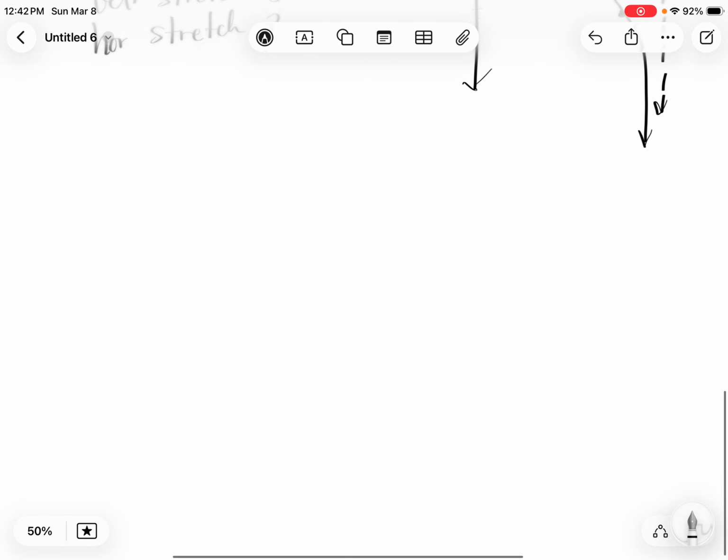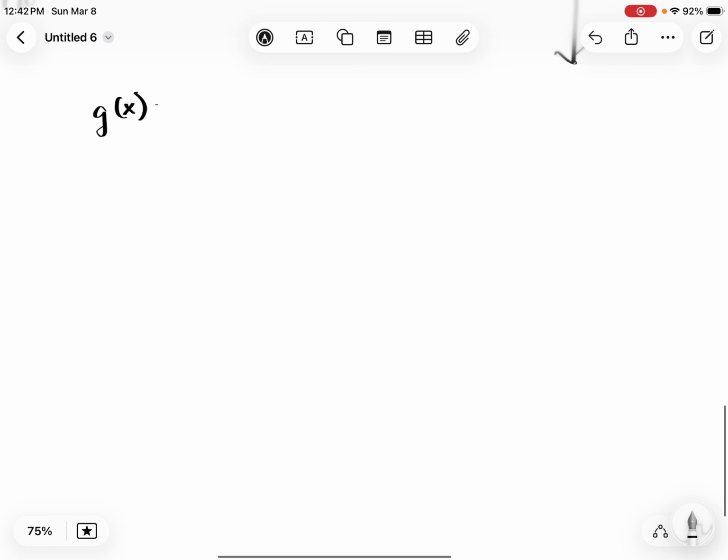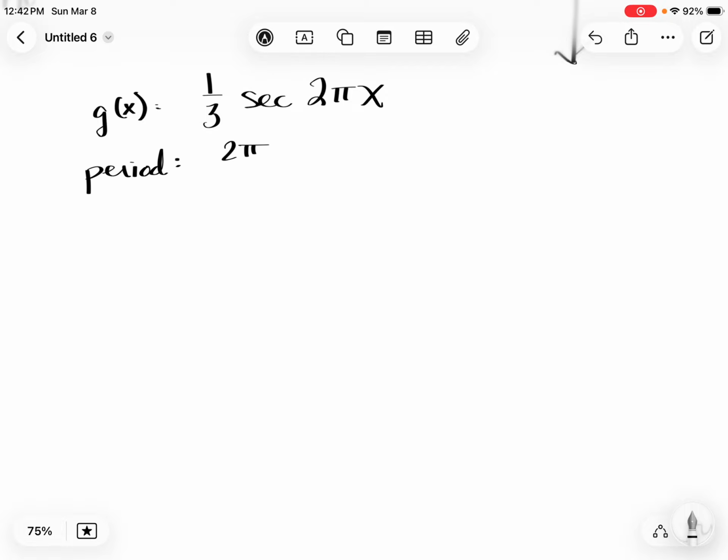Number 3. I have g of x equals 1/3 secant 2 pi x. So again, your A and your B. For this one, your period goes back to the 2 pi over b, which is just like the sine and the cosine, because the secant and cosecant are the reciprocals of those.